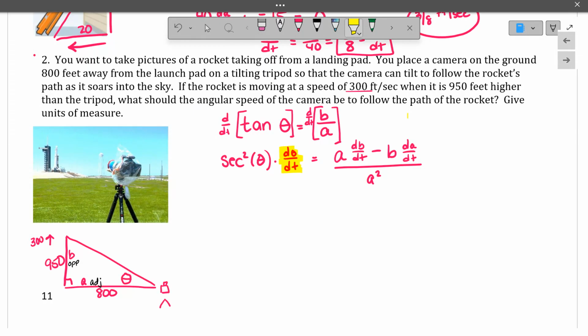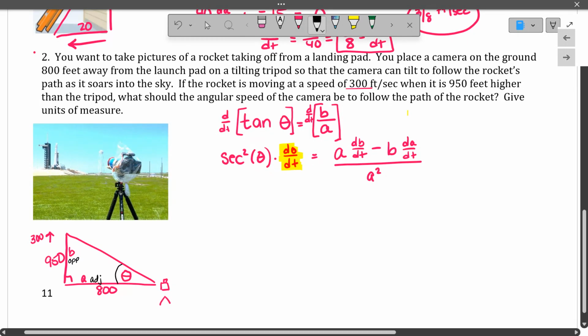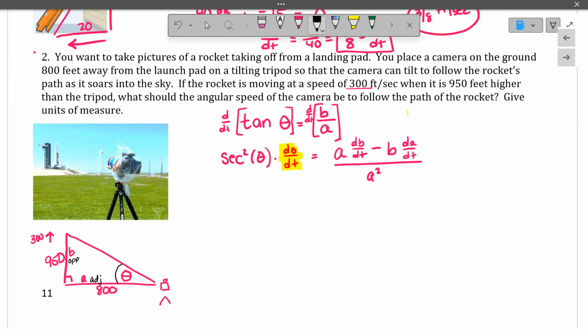All right, so starting with theta, I need to find theta when that's 950 and 800. If I need to do that, I need inverse tangent of 950 over 800, to find that angle.